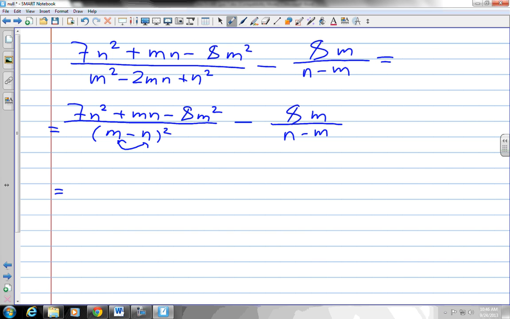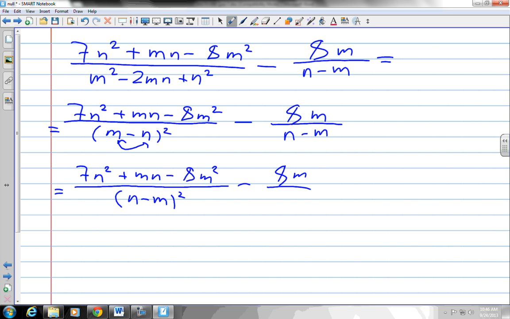So I can actually rewrite this as 7n squared plus mn minus 8m squared over n minus m squared, minus 8m over n minus m. So I just rotated around the minus. Under the square, I can always do that. Nothing really changes. Those are the same terms.